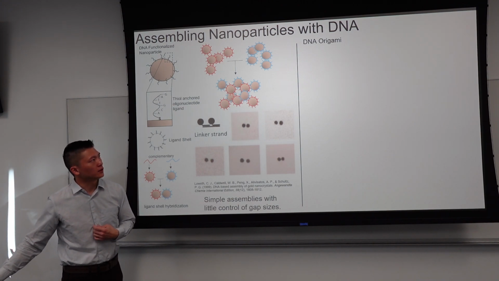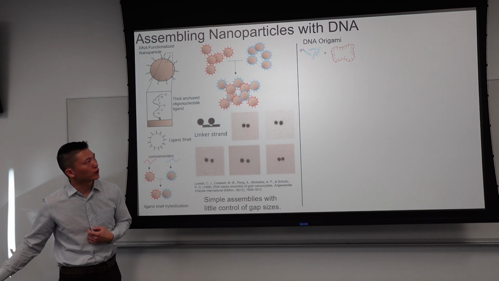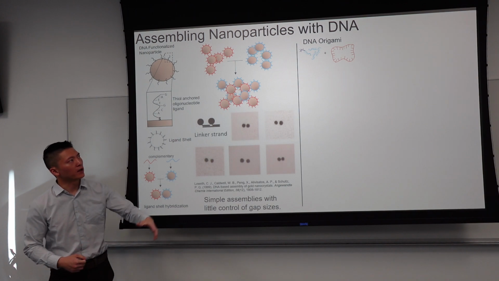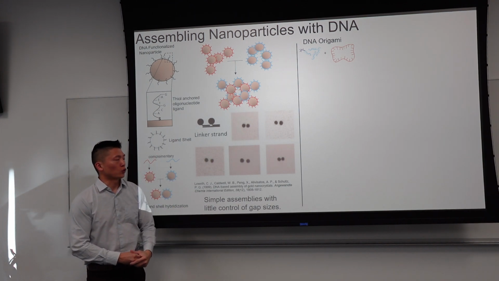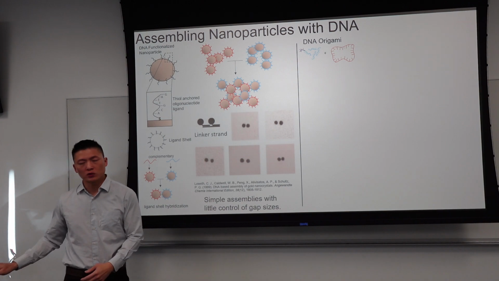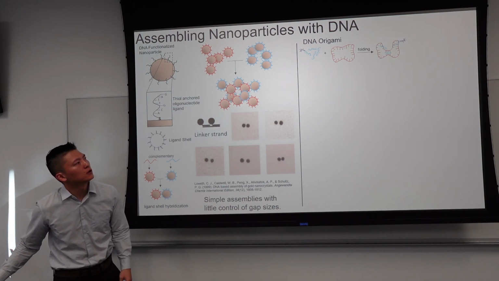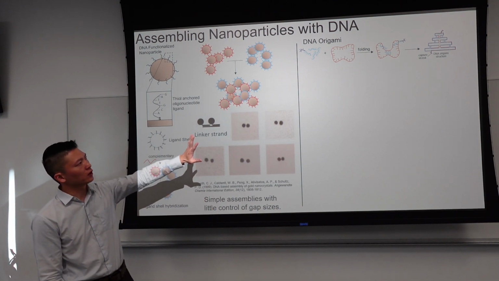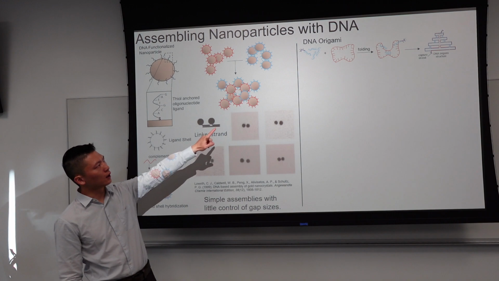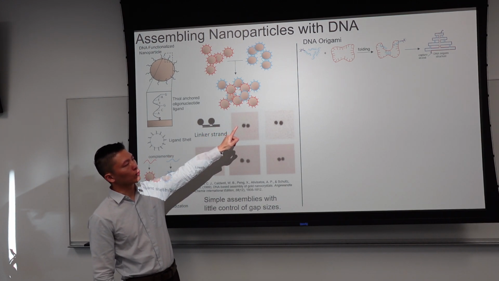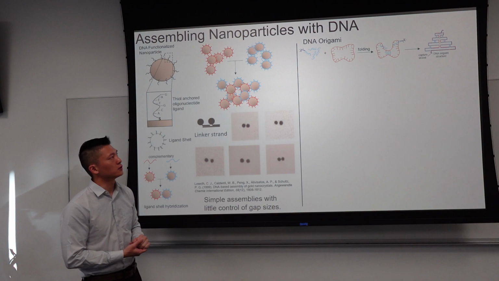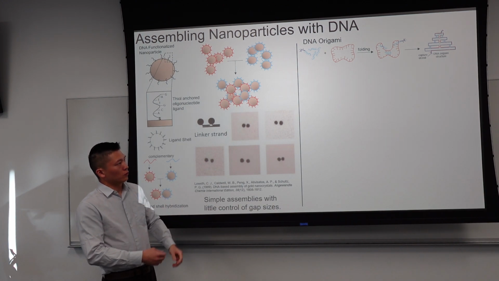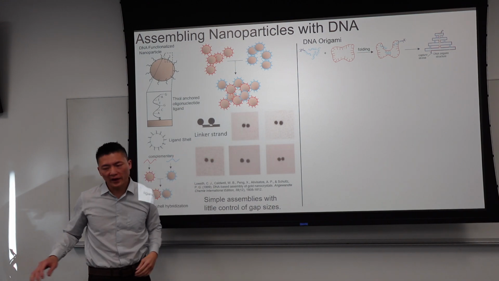DNA origami is a process that you can use where you fold a long circular single-stranded DNA. Maybe we'll call this a scaffold. If we use short single-stranded DNA, we can use them to fold the scaffold and create some desired structure. As you can see here, one of the staples can be designed so that it doesn't bind to the scaffold, so that you can create this overhang, which we can call a capture strand.